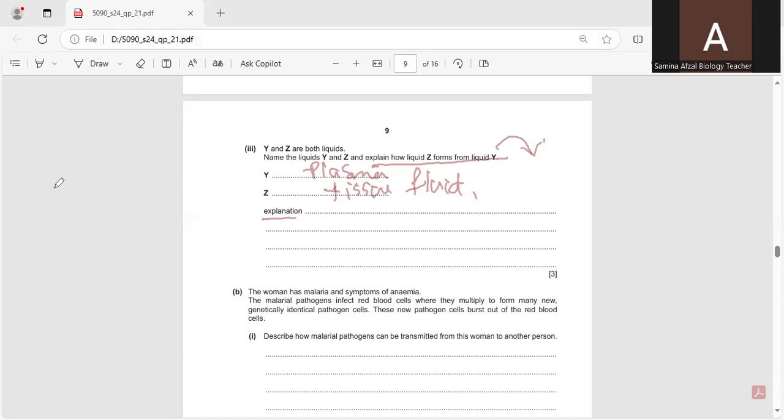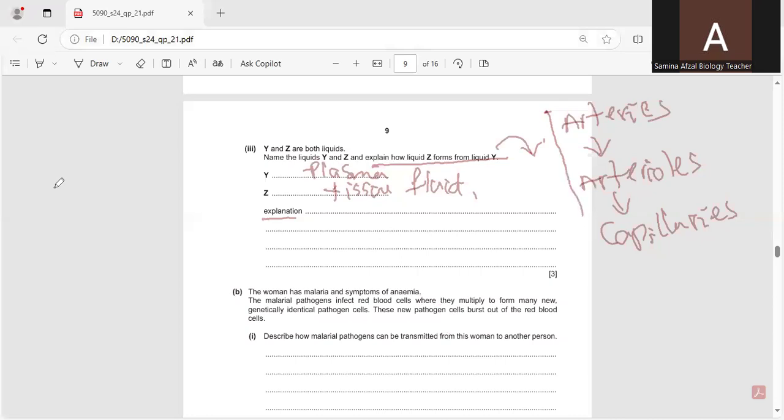You know what happens when the blood moves from arteries towards arterioles and then capillaries. When blood moves from arteries to arterioles and towards the capillaries, the pressure is increasing and the diameter is decreasing. And due to the decrease in diameter, the pressure is increasing.